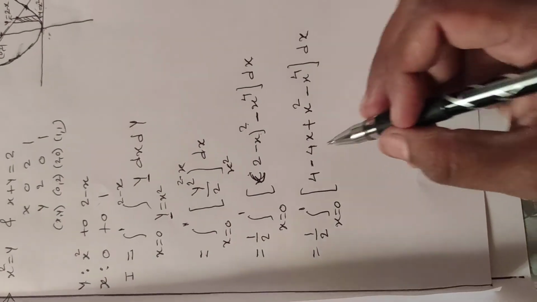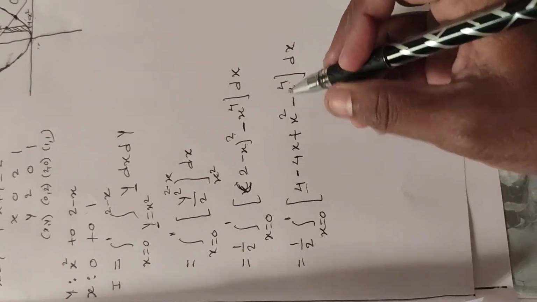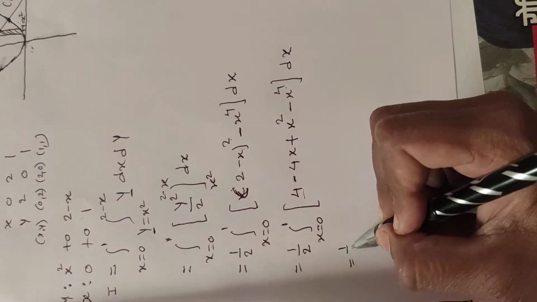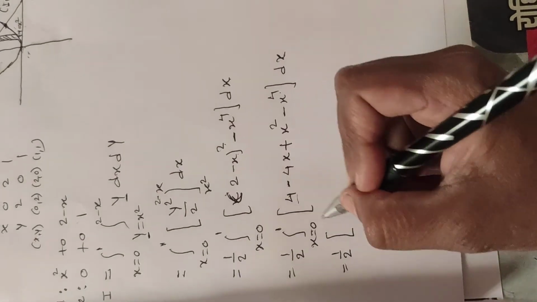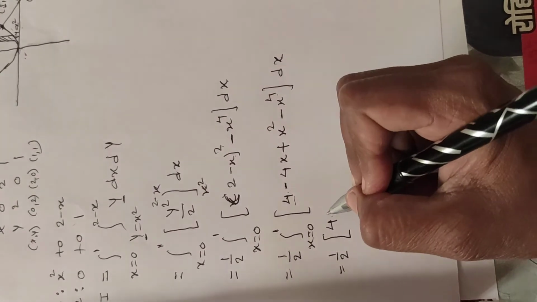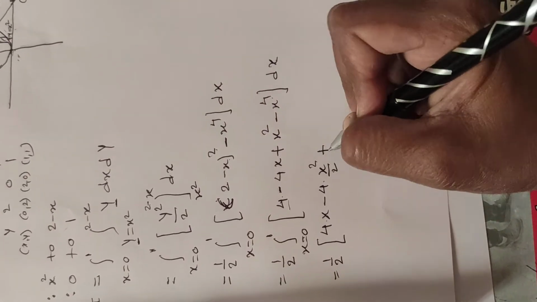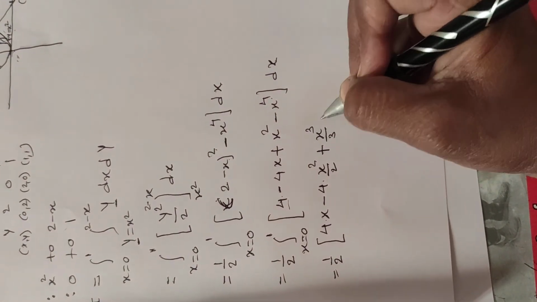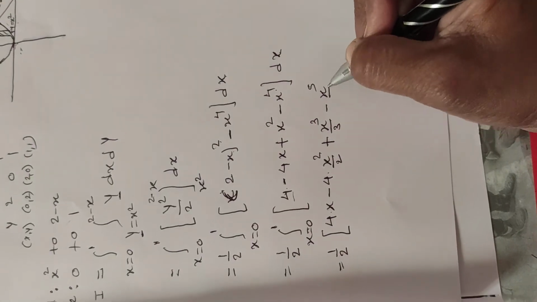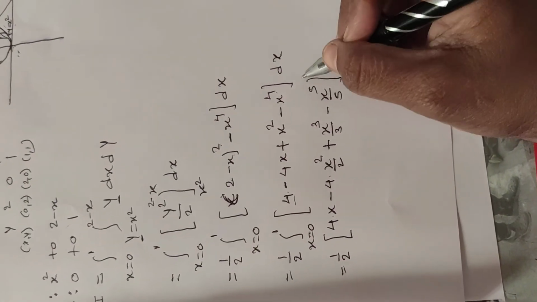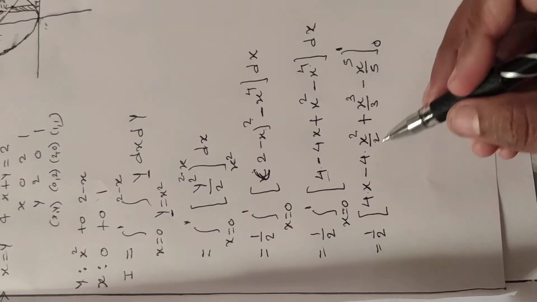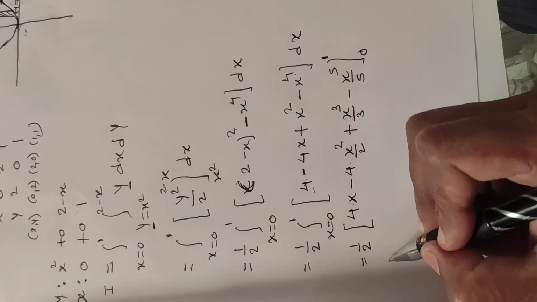After that we integrate this term with respect to x. The 1/2 stays as it is. The integral of 4 is 4x. The integral of x is x square by 2, x square is x cube by 3, and x raised to 4 is x raised to 5 by 5, with limits 0 to 1. Then we substitute upper limit minus lower limit.